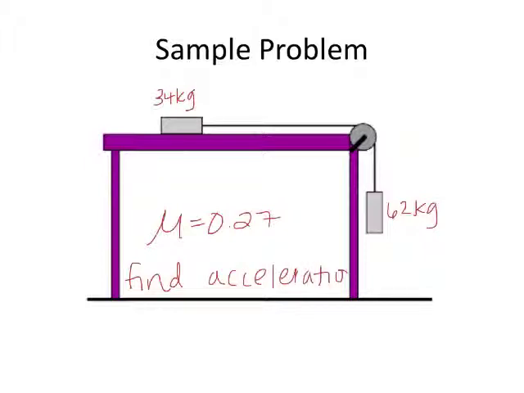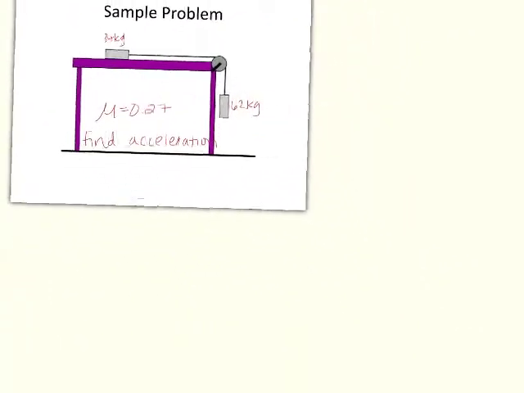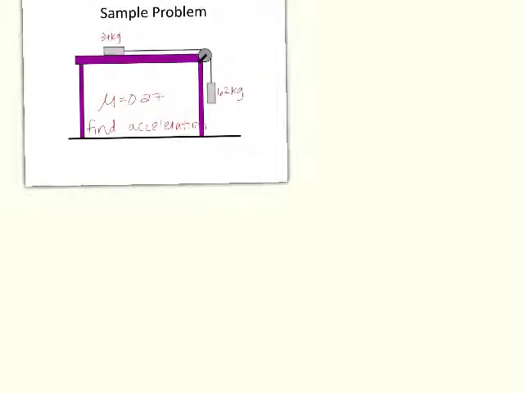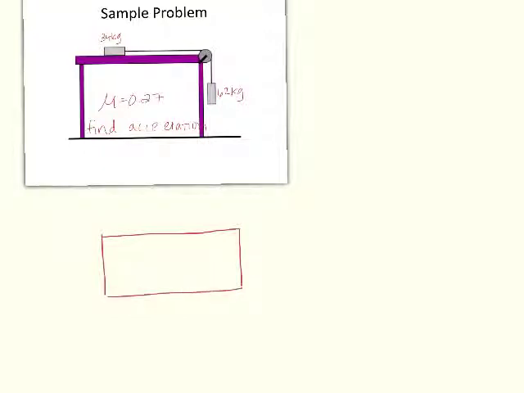How, you might ask? Well, let me make this a little smaller so we have some room for work. There's our sample problem. We need to set up our system's force diagram. So our force diagram is going to look like this. We will have one force going this way, one force going this way, and we know our masses are going to be 34 plus 62, or 96 kilograms.